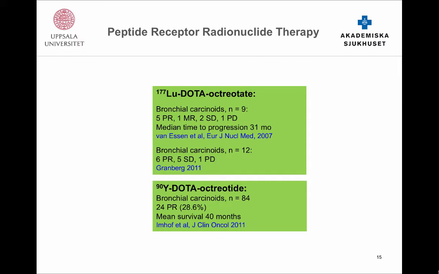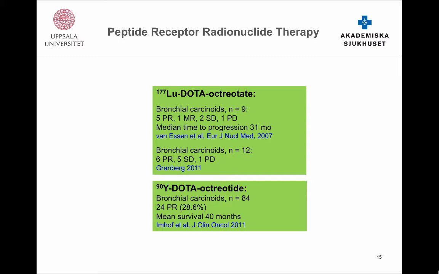So there are very small series with PRRT, peptide receptor radiotherapy, in bronchial tumors. There are some European studies done in a limited number of patients. One is from the group in Rotterdam, where they included 9 patients, and they had 5 partial remissions.